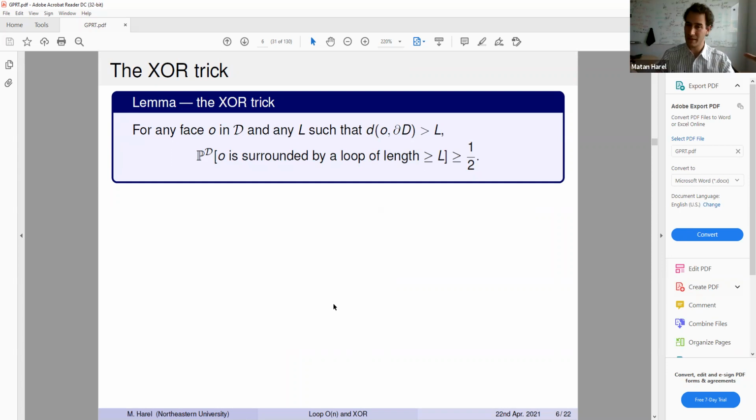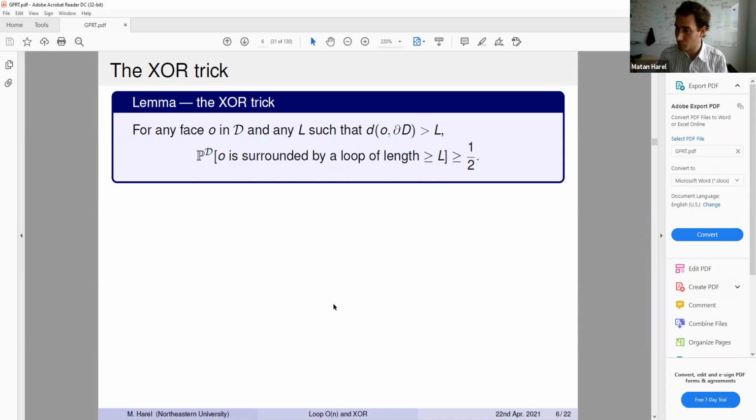I have a finite domain D, and I have a face which I call O. And I have some integer number L, which needs to be big, but small enough that if I look at the ball of size L around the face O, I'm still in my domain. But if you think of O as the center vertex and D is large enough, L can be arbitrarily large.